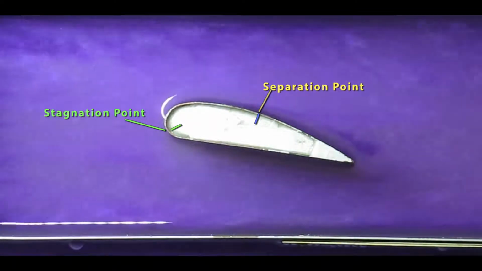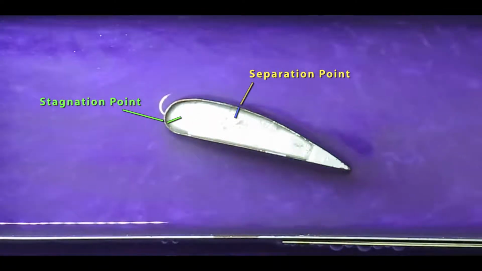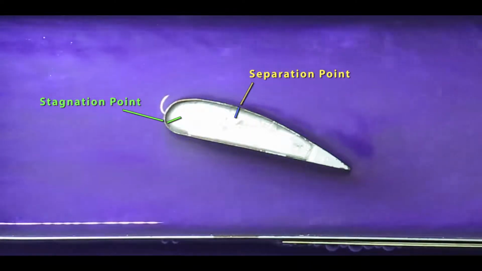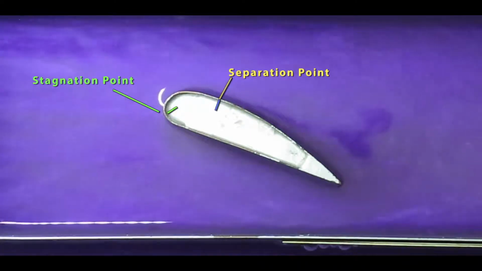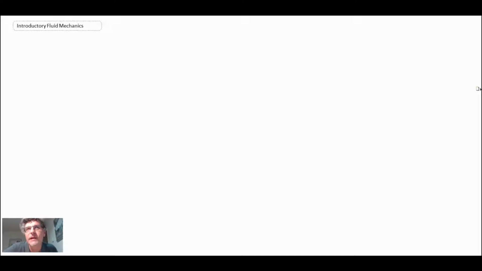So what you're noticing here, and here we're going to run through that clip again, is that near the back of the airfoil, we start losing the effect of Bernoulli's because we have separation. And consequently, that's why from the earlier clip, when we were looking at the performance of the airfoil in the wind tunnel, we were noticing that the pressures near the trailing edge were really not changing that much.